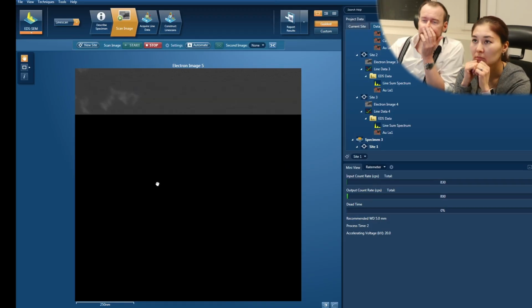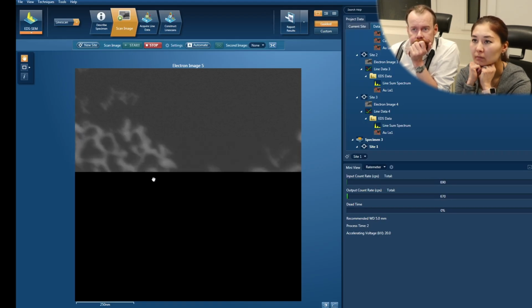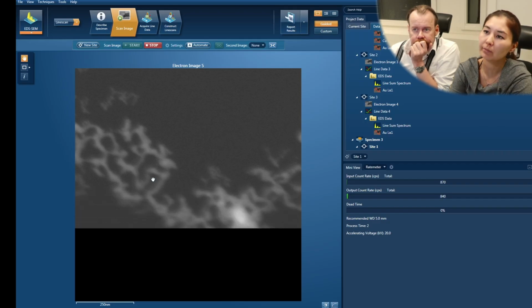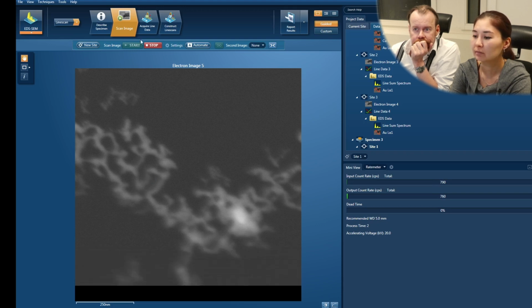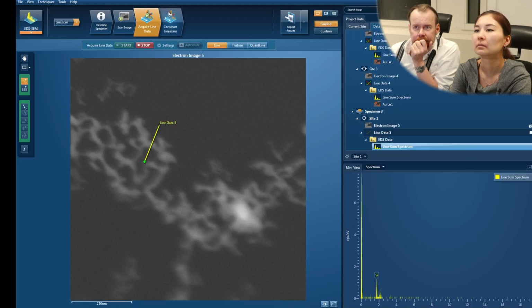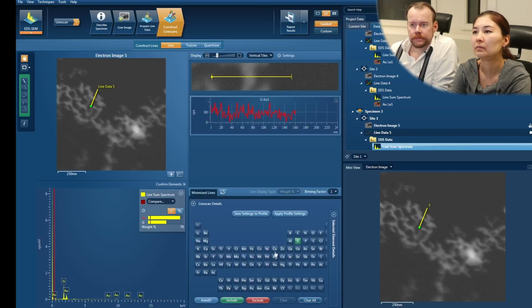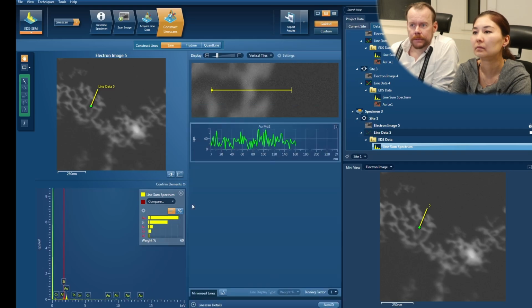Take up the image here to read this. Let's try to acquire a line across. Cool.